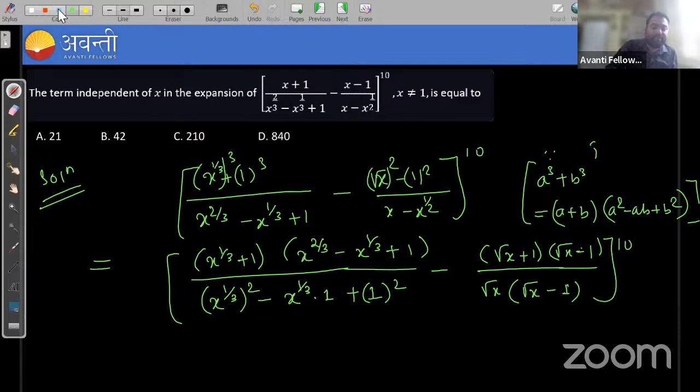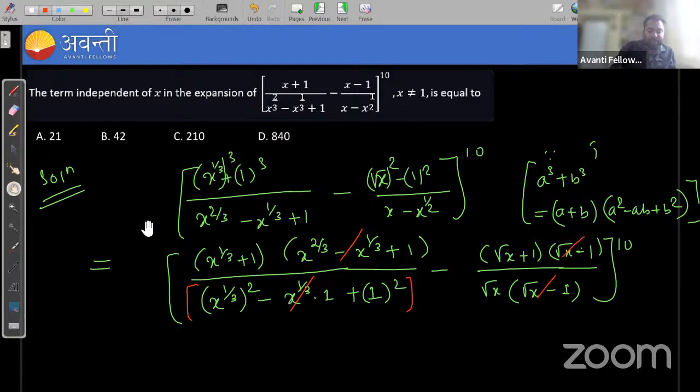So you can observe here guys, this term and this term both are same, this both will be cancelled out, and then the second term of the given expression also, root x minus 1 can be cancelled out together. Yes or no?